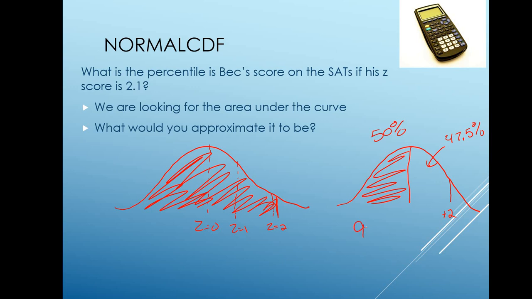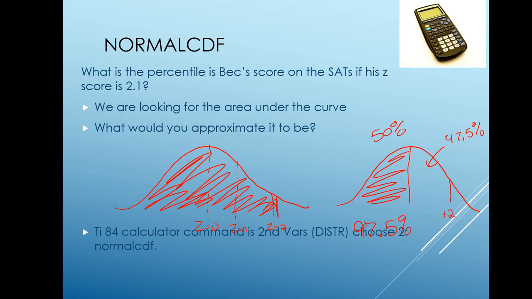So our answer, when we get the calculator answer, should come out to be about 97.5%, because we got the 50% below the mean, and then half of that plus or minus 2, the 47.5%. So that's an estimate of what our answer should be. All right, so let's try it with the calculator.